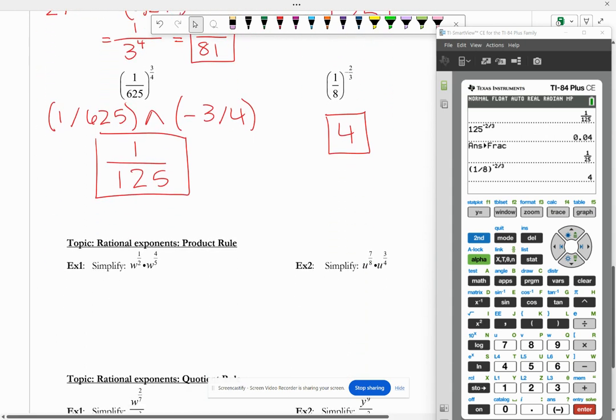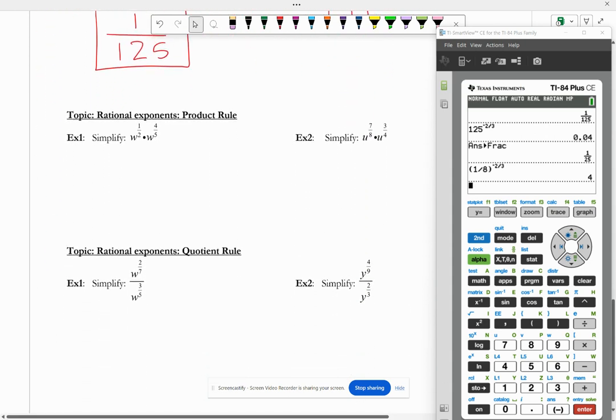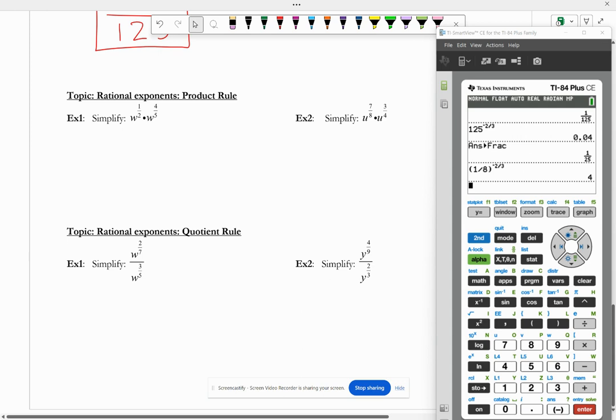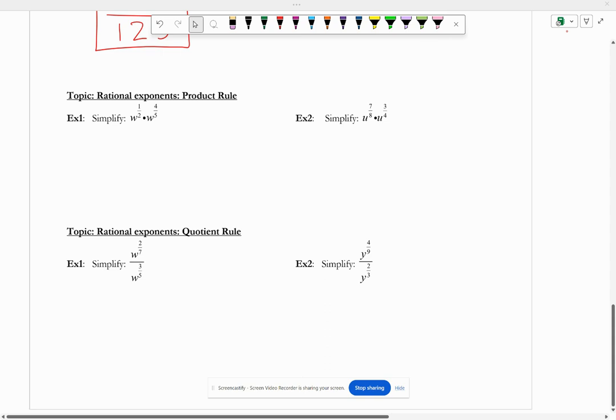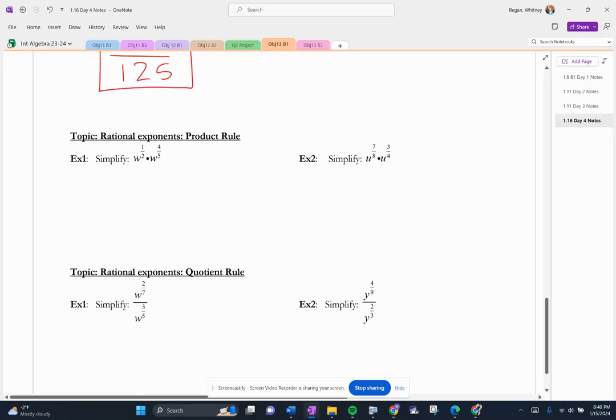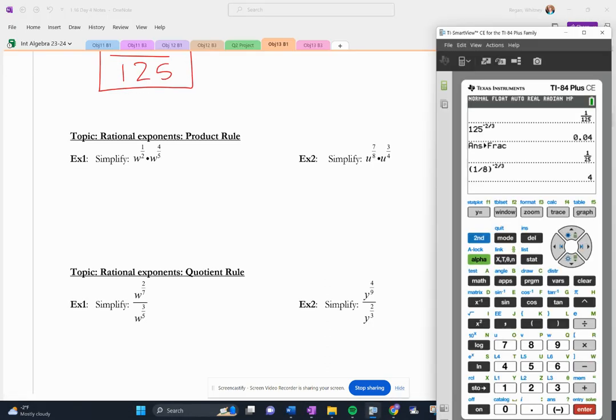Okay, so to finish us off for today, we're going to talk about the product rule and the quotient rule when we have rational exponents. So essentially with the product rule, you'll notice that we have the same variables here.